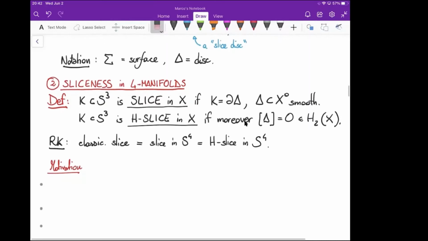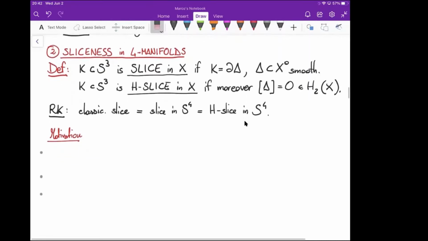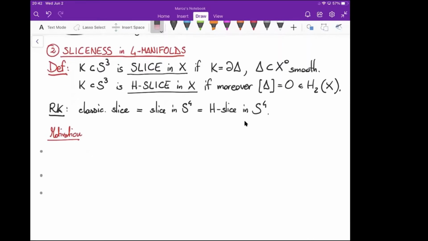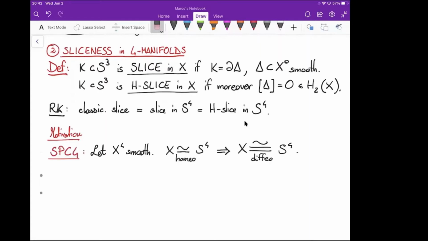So next, I would like to give some motivation for why you would like to care about sliceness in the context of four-manifolds. And the main motivation lies in the smooth Poincare conjecture in dimension 4.